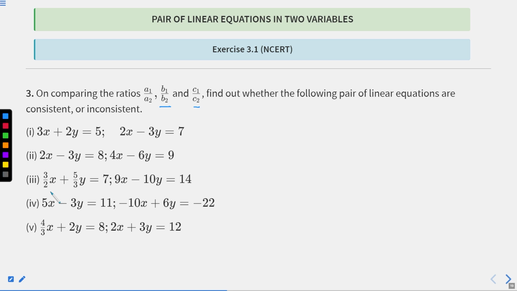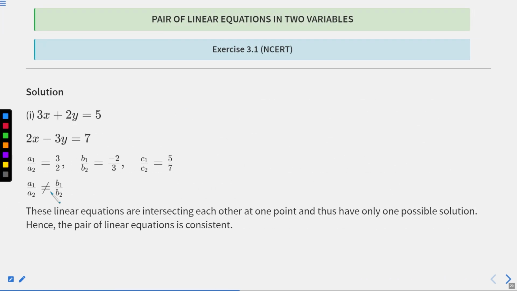First of all, we have to compare this equation with the general form of a pair of linear equations, a1x plus b1y plus c1 is equal to 0 and a2x plus b2y plus c2 is equal to 0. Okay, so let us see how to solve it.